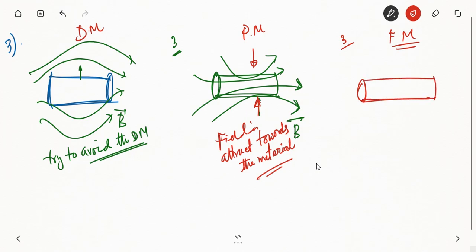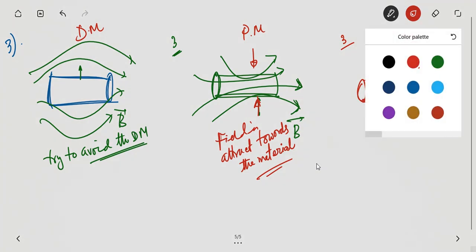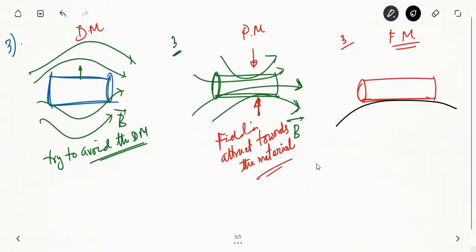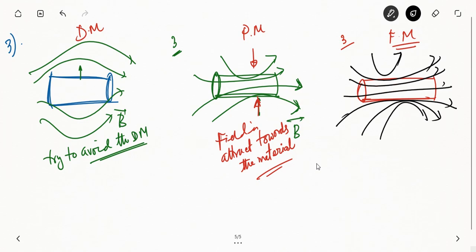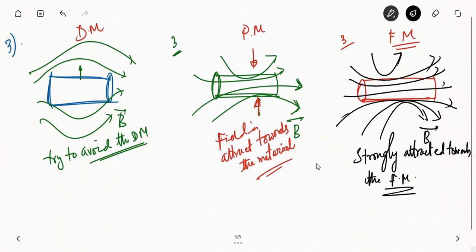So B, obviously, is strongly attracted towards the ferromagnetic material. Strongly.